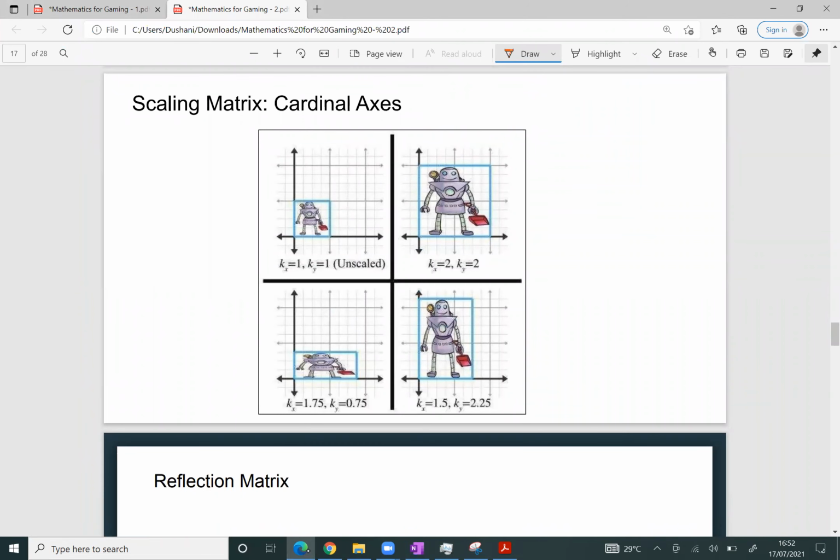Then let's come to scaling matrices. So what we basically do in scaling is we are given a scalar, and axis aligned scaling in 2D about the origin can be represented as a linear transformation with matrix. So for example, scale Sx, Sy.